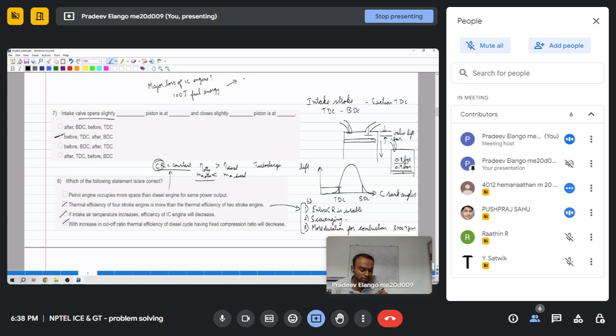Something loss, pumping loss, okay. Friction loss, friction. Incomplete combustion. Still these are not the major losses.